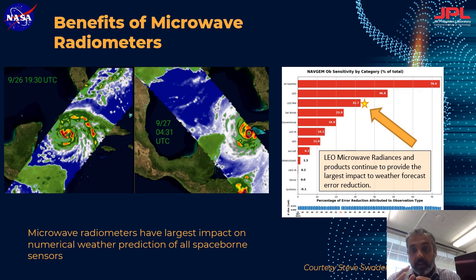And you can see that by far microwave has a major impact in reducing the error of our weather forecast predictions. So microwaves in general are very useful for us. We many times may not see it in our day-to-day activity, but we all rely on weather forecasts, and microwaves have a big part to play in that.